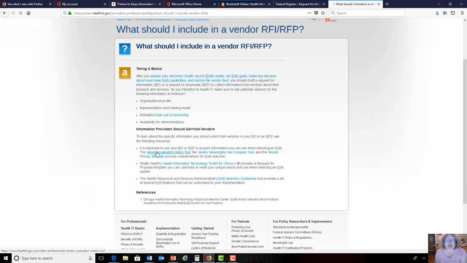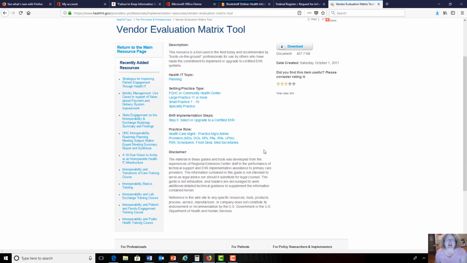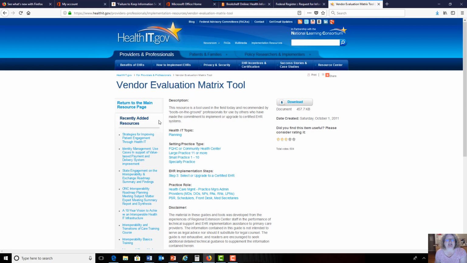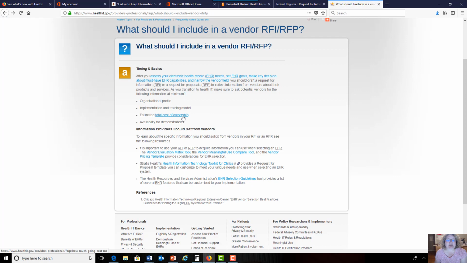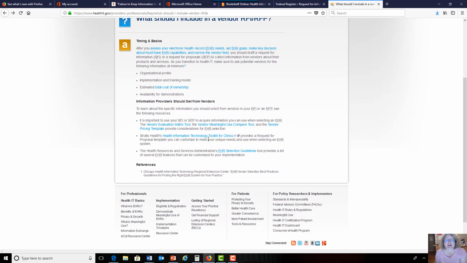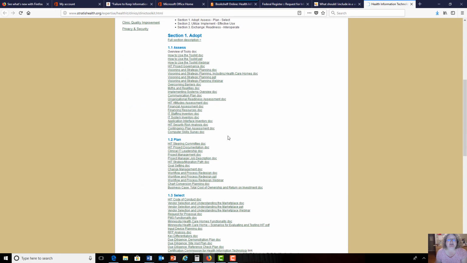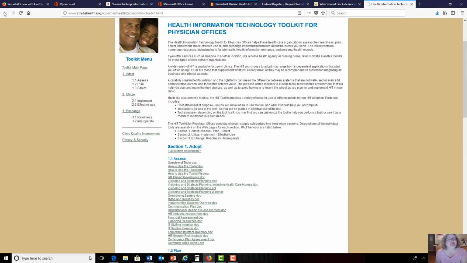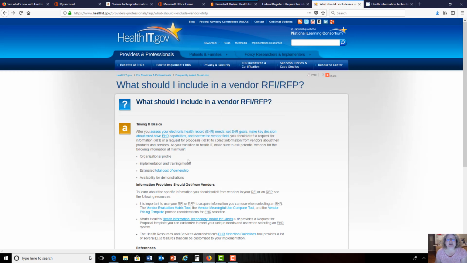Like here's a vendor evaluation matrix tool to figure out how you're going to evaluate your vendor, and you can download that. And it has some estimated cost of ownership. Here's a health information technology toolkit for physician offices, which is really cool. All kinds of good stuff that you can find there about that. So if you find yourself actually doing this process, take a look here. It'll give you some good information.